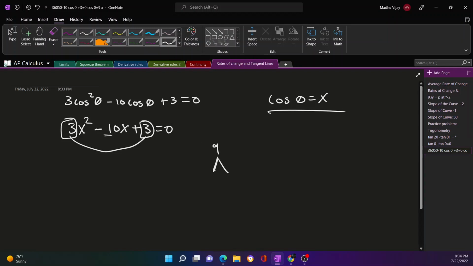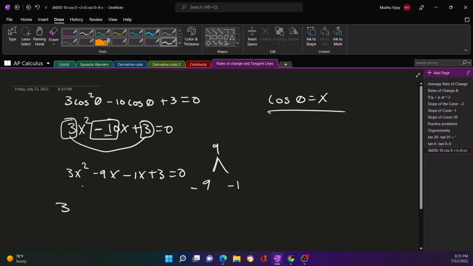You get 9. So two things that multiply to 9 but add to the center term here would be negative 9 and negative 1. So 3x squared minus 9x minus 1x plus 3 is equal to 0.